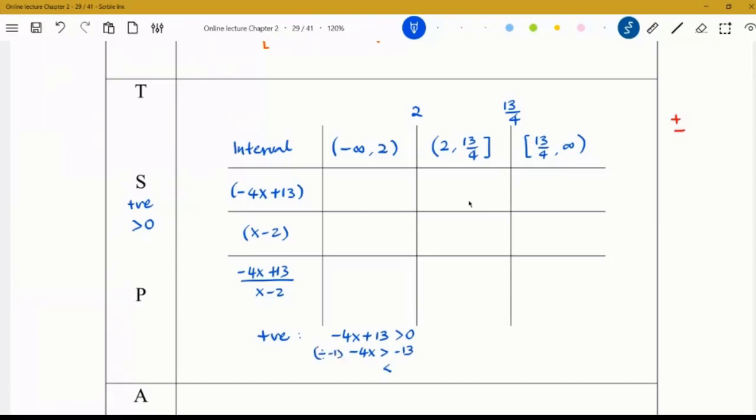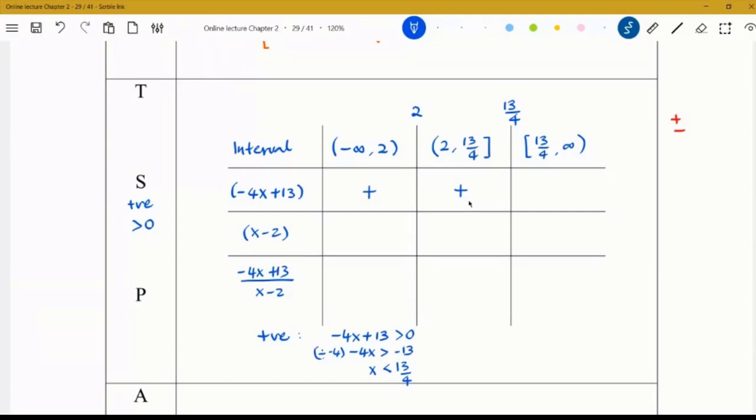So saya bagi terus dengan negative 4, dekat sini akan dapat x, dekat sini akan dapat 13 over 4. So sebelum 13 per 4 kamu akan dapat positive sign. So 13 per 4 jatuh pada palang yang ini. Bermaksud sebelum dia kita akan dapat plus.